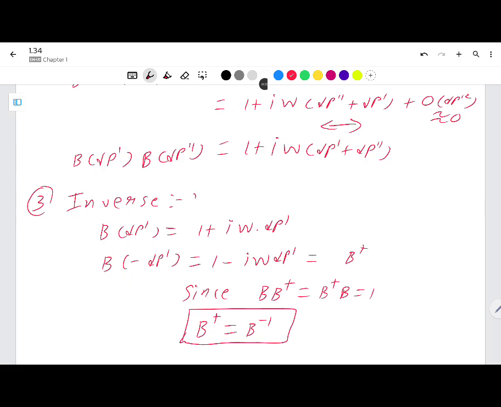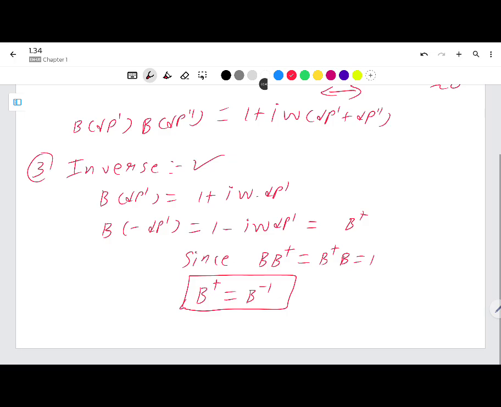Okay, so the inverse property also holds, and you can look at that carefully, that if I take dp prime tends to 0, B is 1, right? So this also is somewhat meaningful.